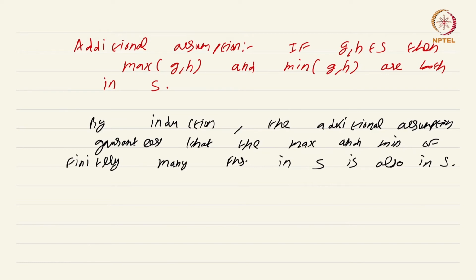What we are requiring of this subalgebra S is that it is not only closed under multiplication and addition, but also closed under taking maximum and minimum finitely many times. So this second part, by induction, is rather trivial. You can just skip it. It's so easy. Now let's proceed to the original proof.